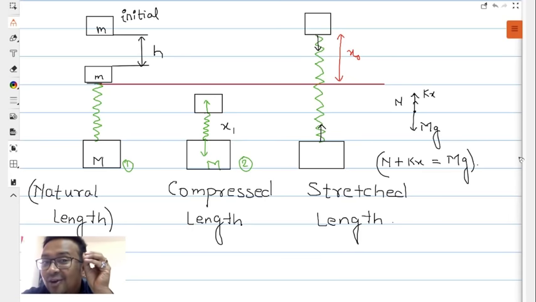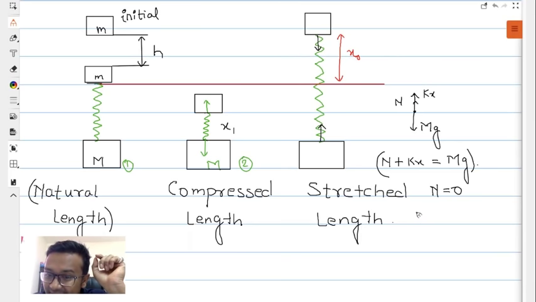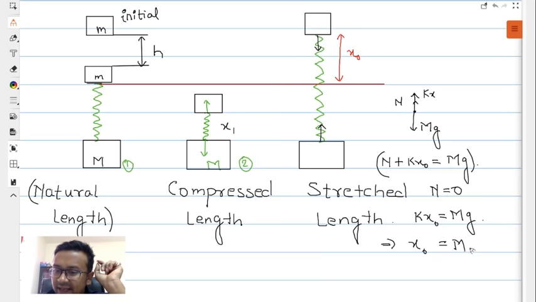Now here, if it loses contact with the ground, come, focus here. If it loses contact with the ground, then my normal reaction will be equal to 0. Then in that case, kx will be equal to capital Mg, which implies x, which I have taken as x naught, so x naught will be equal to capital Mg upon k.